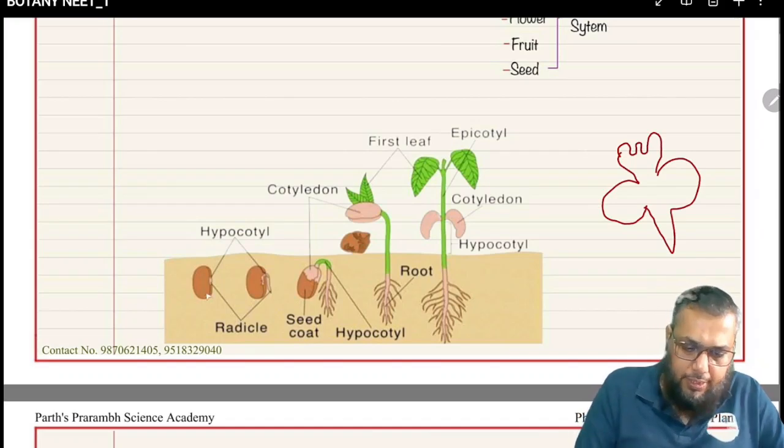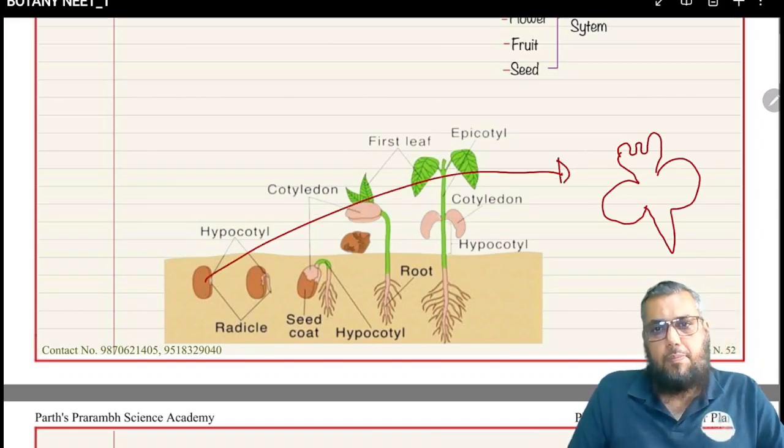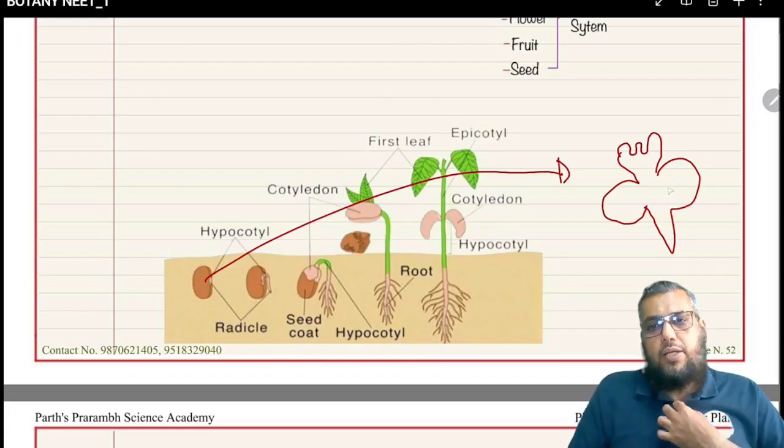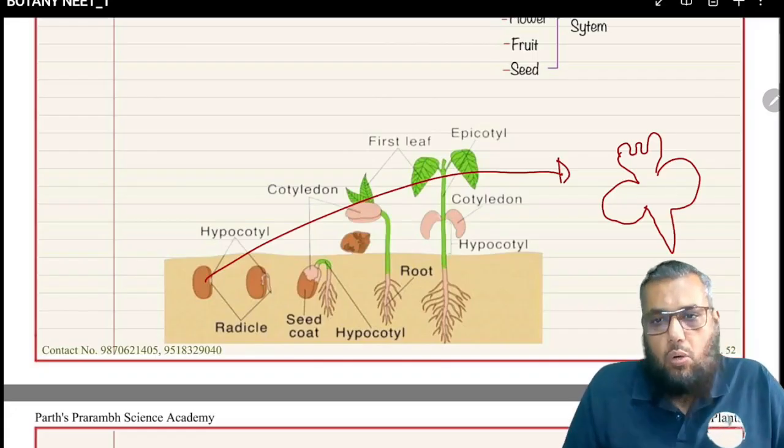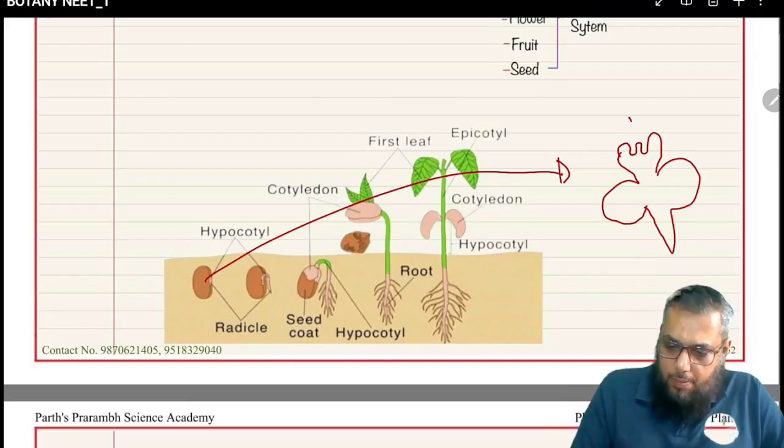It is present inside the seed. And this baby plant, as you know from our lectures, is called the embryo. This is the embryo axis. These are the two cotyledons. Their point of attachment is called the cotyledonary node.